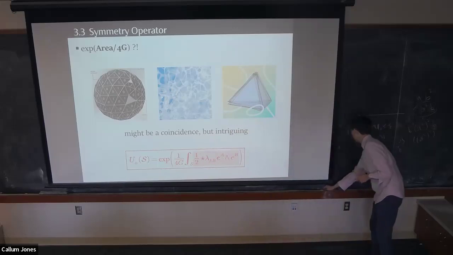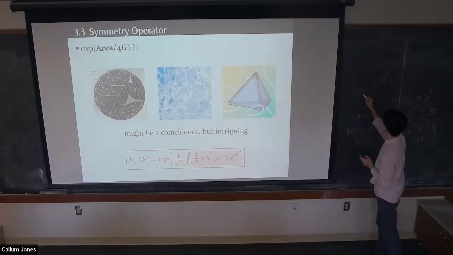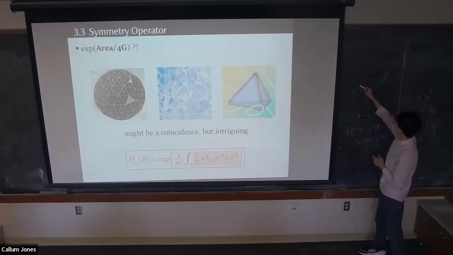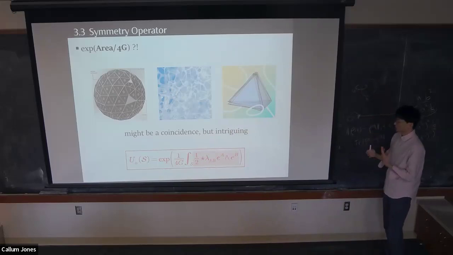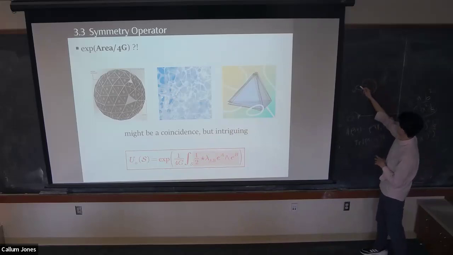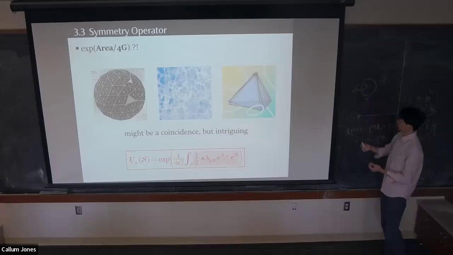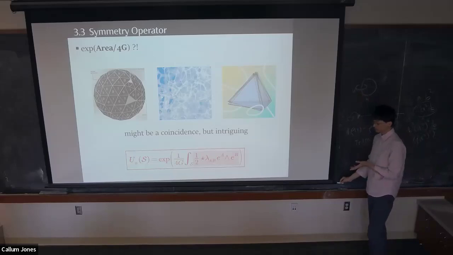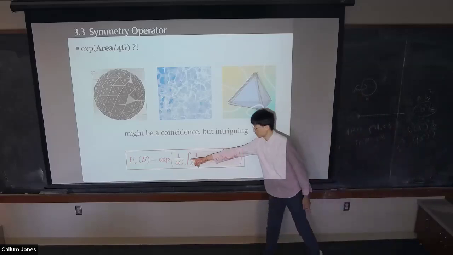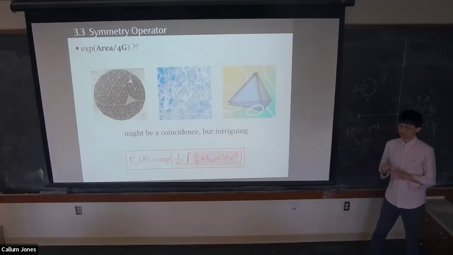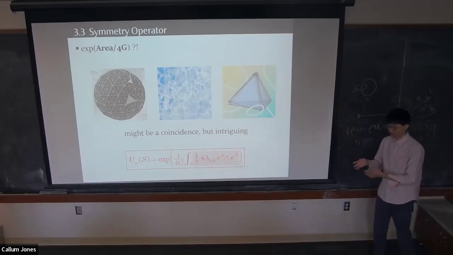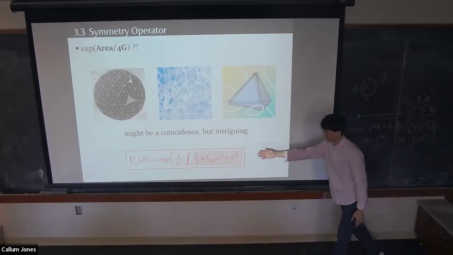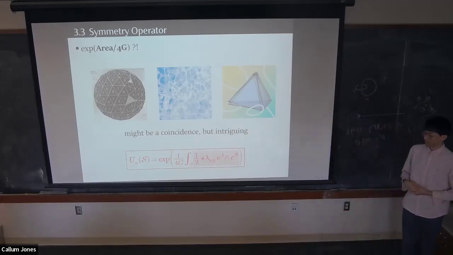When we have this U linking with W, we can interpret this as the U measuring the flux of the W, but we can do it the other way around. We can also say that this W is measuring the magnetic flux of this U as a thin solenoid. And it turns out that the latter interpretation should be correct because of this 1/G coupling, and from the perturbation theory argument, which is like the Dove construction of the geometry sourced by the symmetry operator. So yeah, I will elaborate on that.